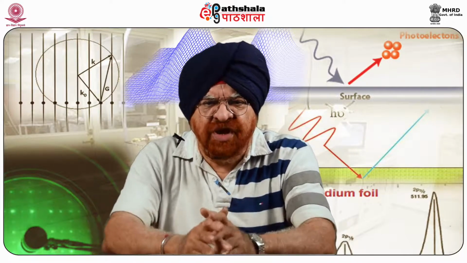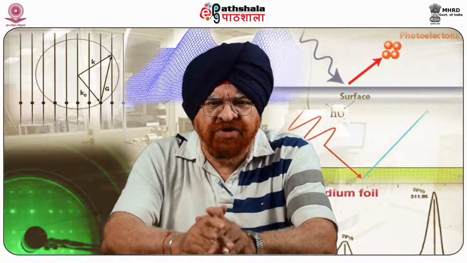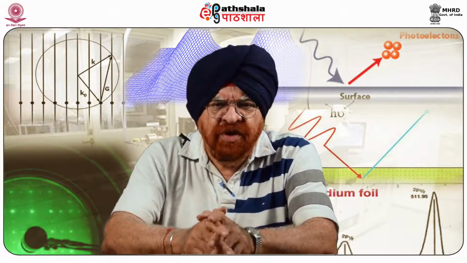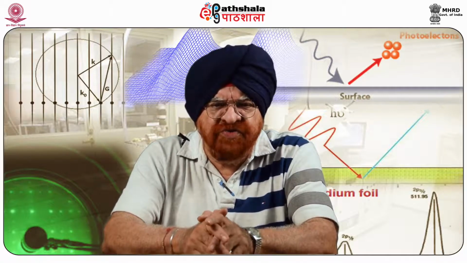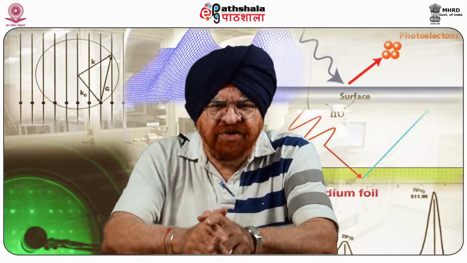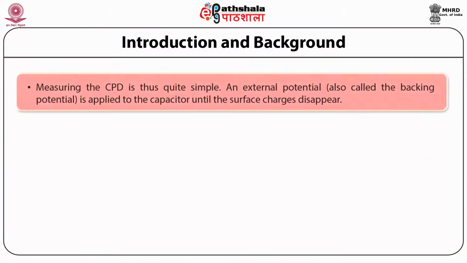The potential established between these two surfaces is called the contact potential difference, or CPD, also called contact potential or surface potential, which equals the work function difference of the two materials we are looking at. Measuring the CPD is thus quite simple.